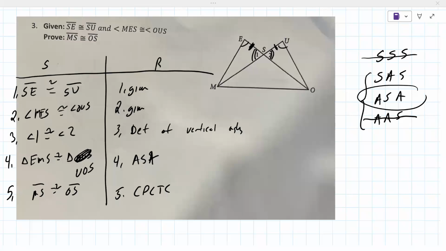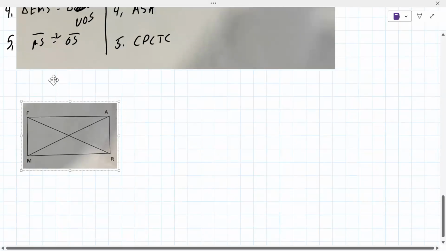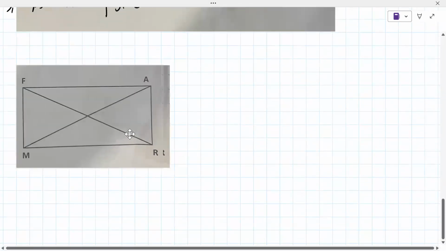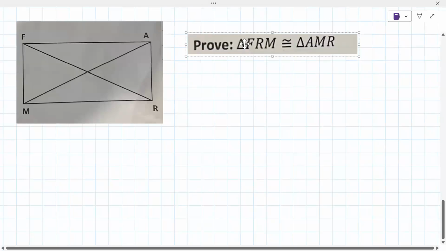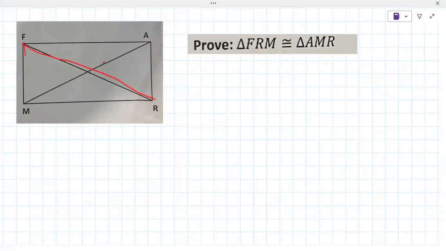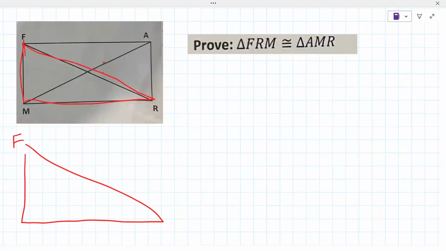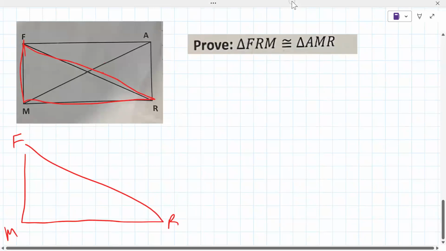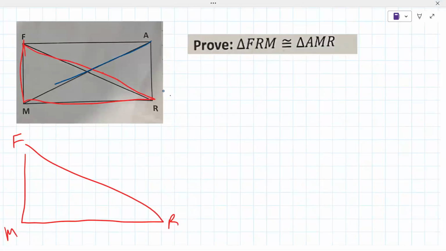Right. So as we start to do four, I thought we're going to have this issue in the previous one. Often you have to separate the shapes, especially in a proof. You might be like, what is he talking about? Well, we're looking at triangle FRM, which I'll draw here. That's this one. And then AMR, AMR is this other one.